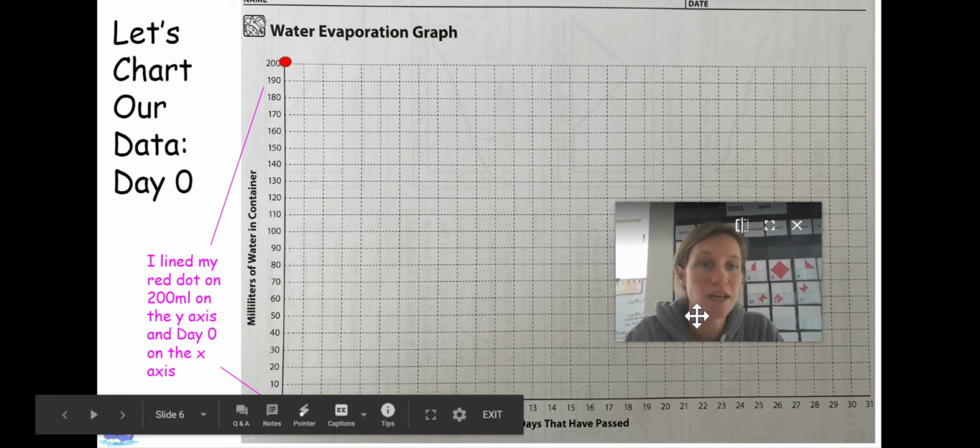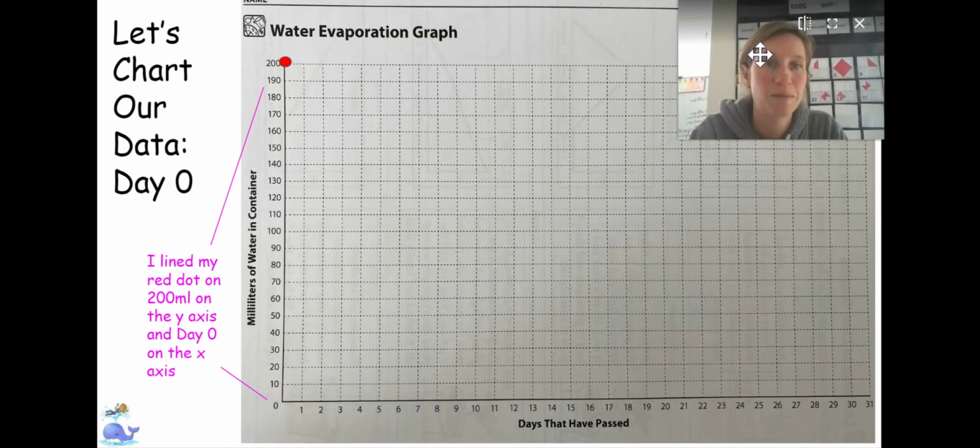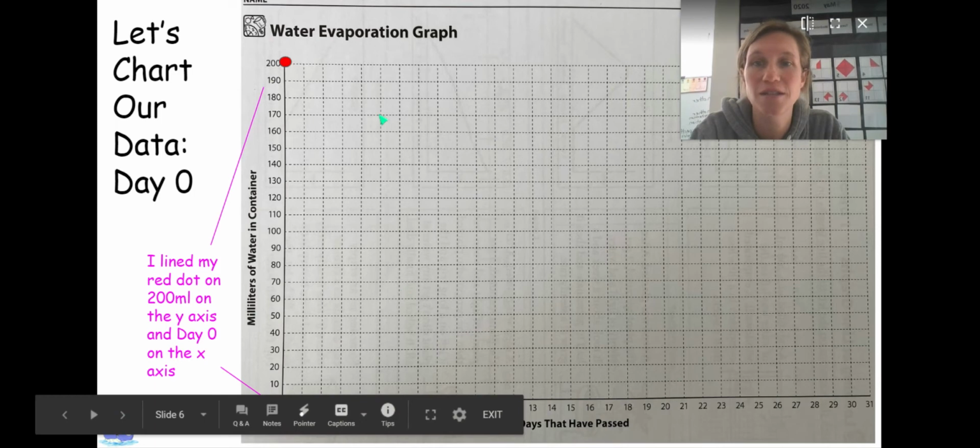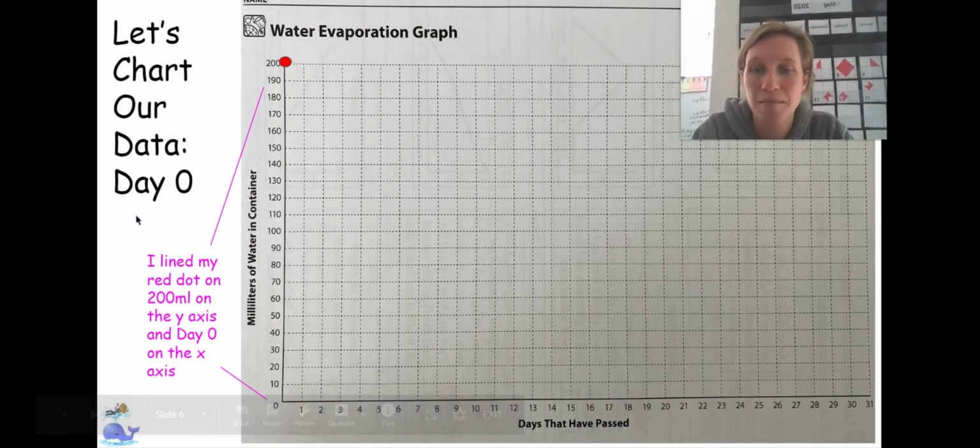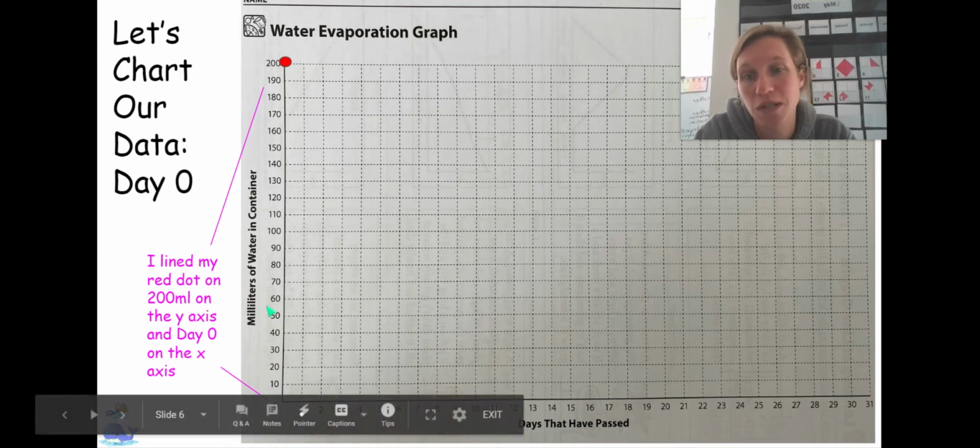Here we go. This is our water evaporation graph, and it's time to start plotting our data. You'll notice that this is day 0, and here is my y-axis, which is labeled milliliters of water in container.